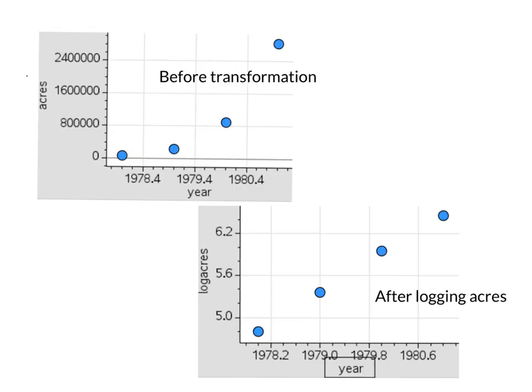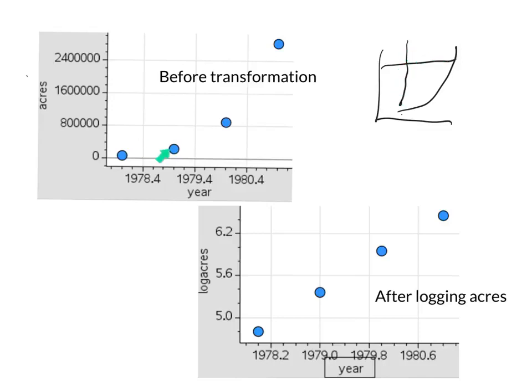And if you look here, after logging the acres, because this shape was curved like so, that told me that I'm going to go down on the Y, or up on the X.